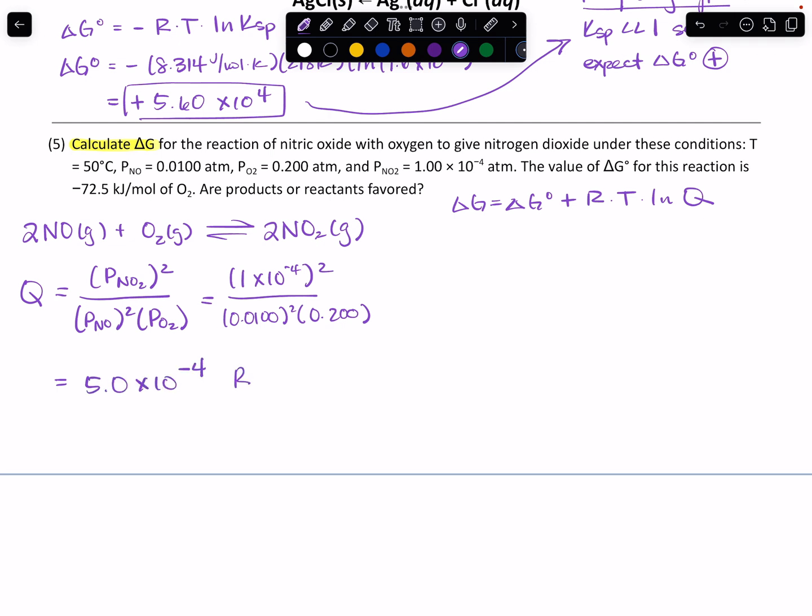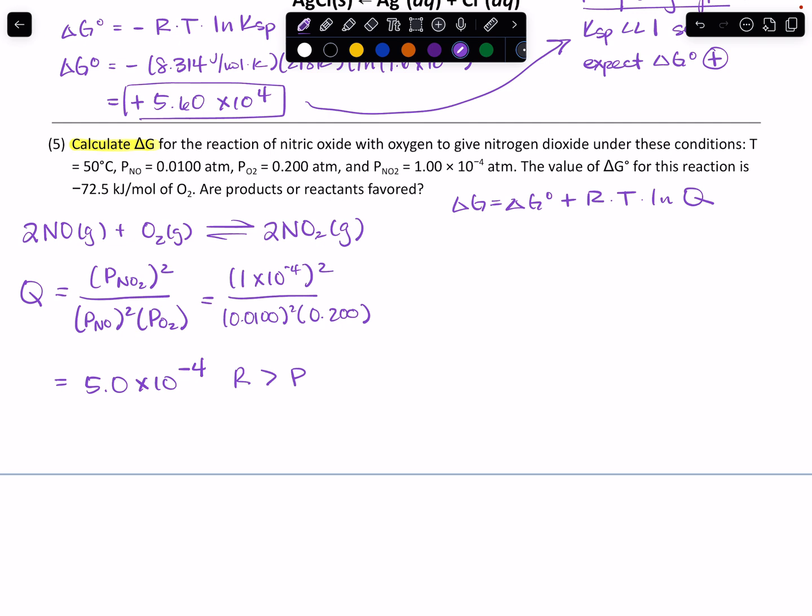Under these conditions, the reactants are greater than the products. If we look at our value for delta G, which is negative, that means that at equilibrium, the forward reaction is what is favored. So we're probably on our way there, heading down the hill towards equilibrium, if you want to think of it that way.